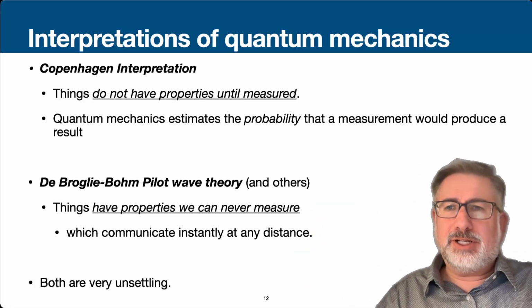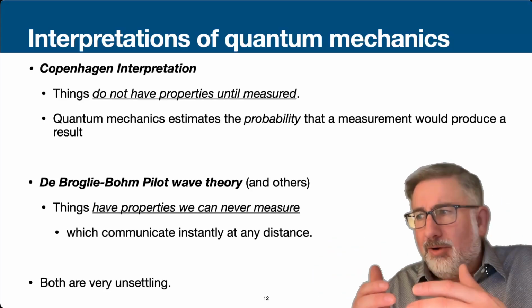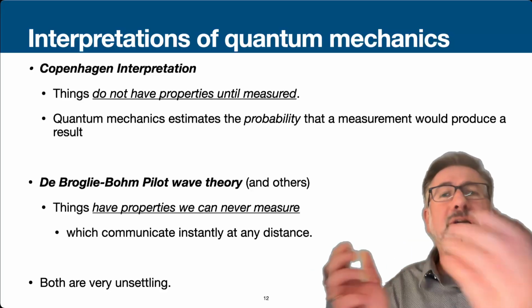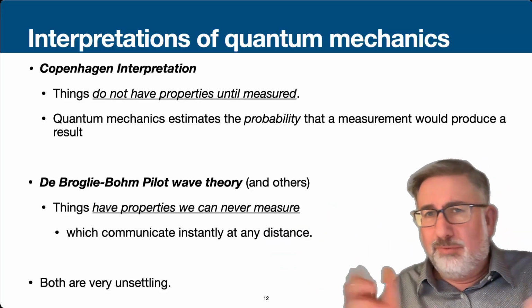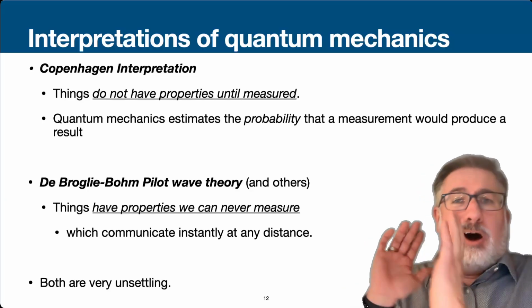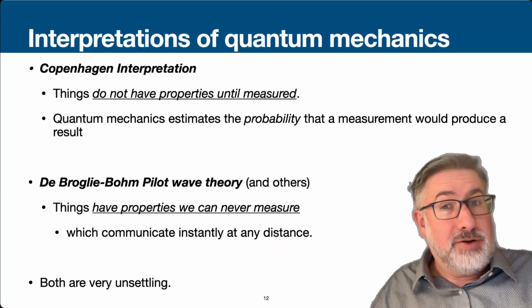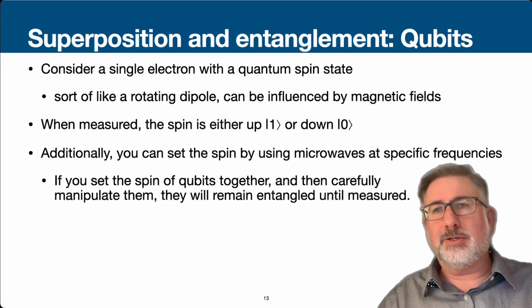Another way of interpreting this is that these items have properties that are real and they interact with the world, but we can never measure them by virtue of features that they have. Super weird. So all of this is to say quantum mechanics is weird, but we're going to make use of this weirdness in order to do some computation.